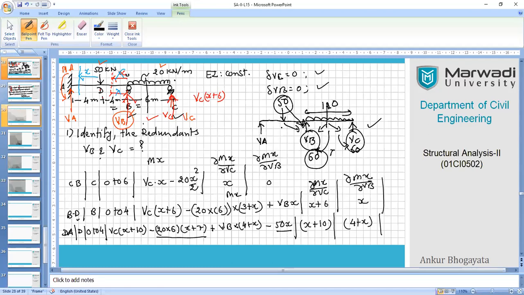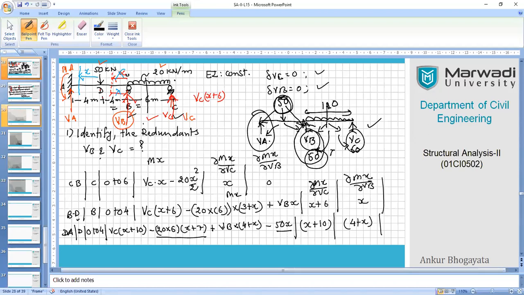Similarly, when you compare the same scenario with VA, half of the load, let us say of 50, will directly get transferred to VA. Even in that condition, the reaction at VB will anyway be larger than VA. So one thing is confirmed, that the reaction at VB will be the largest reaction.